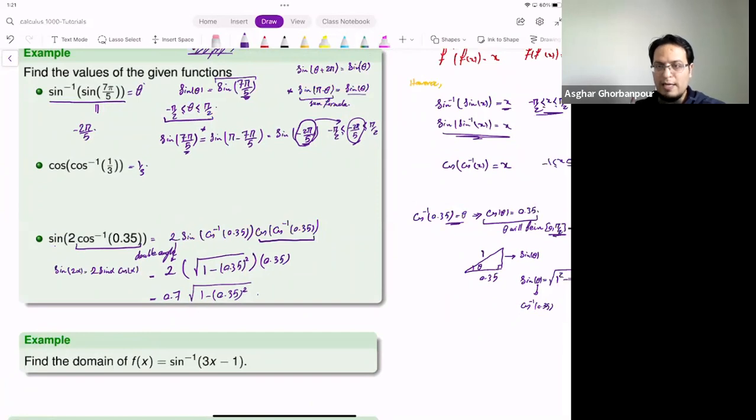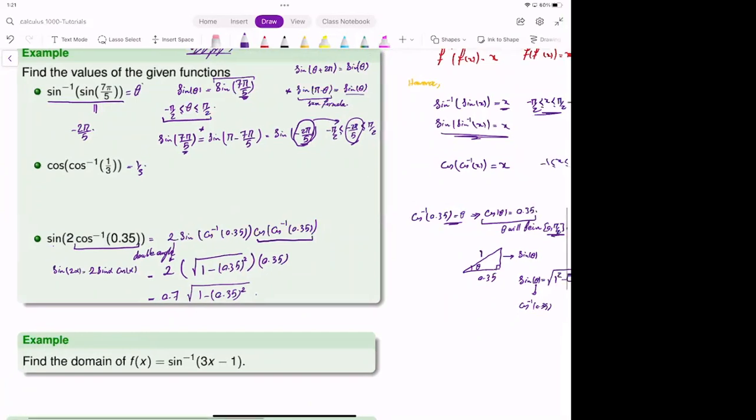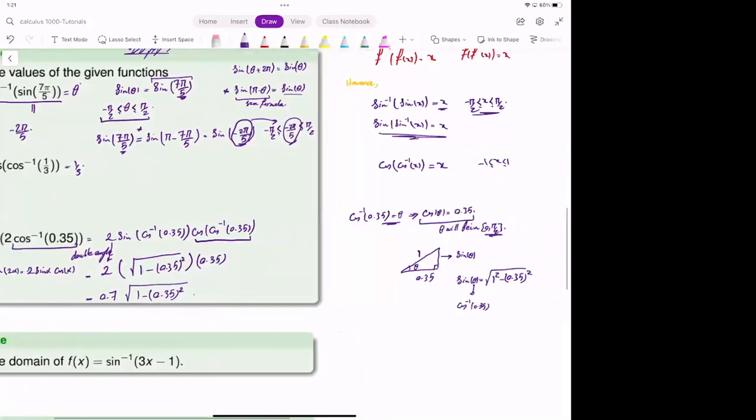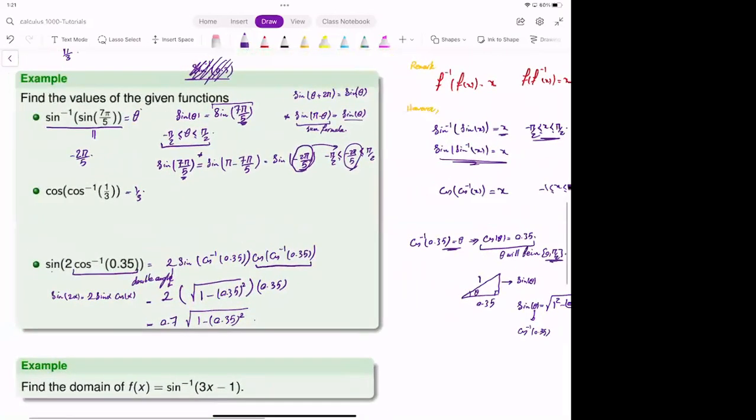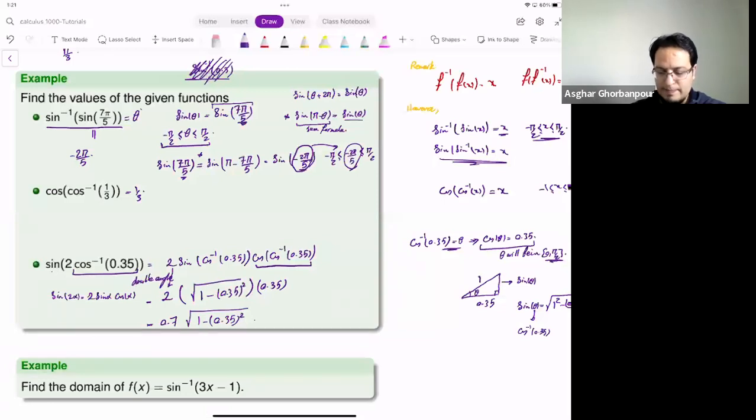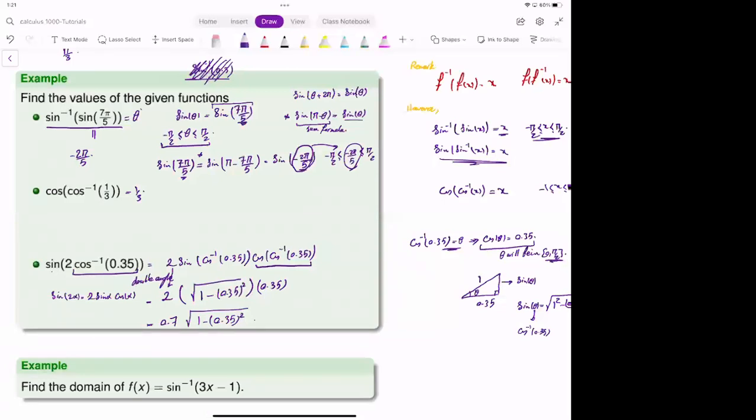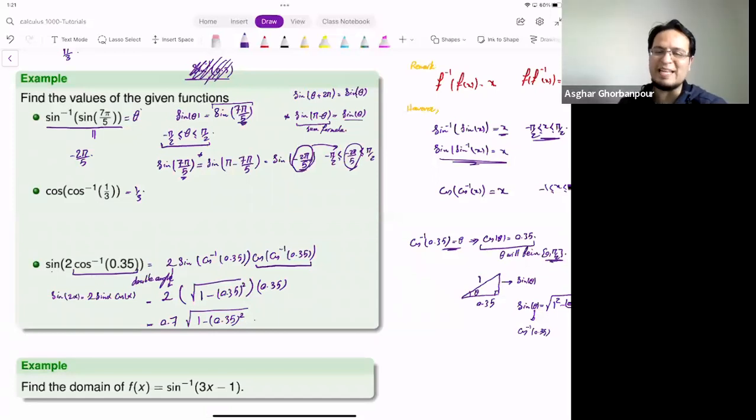Yes, Joshua. For the sine inverse of sine of 7 pi over 5, the 7 pi over 5 is not in between negative pi over 2 and pi over 2, right? That's correct. And for the answer, all you did was find the reference angle. Yes, exactly, that's the best way of putting it, if by reference angle you mean an angle between negative pi over 2 and pi over 2.